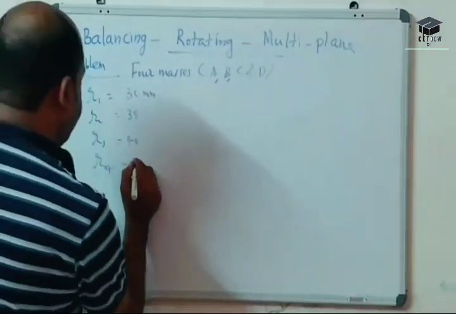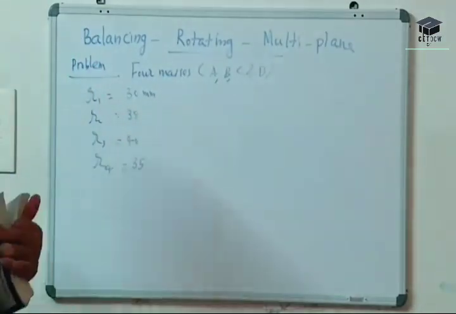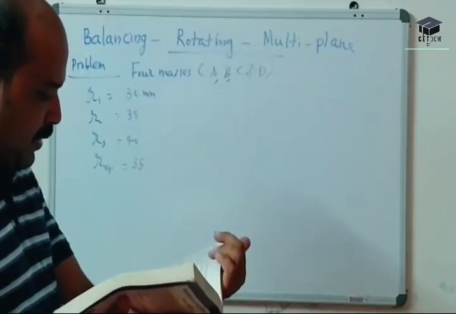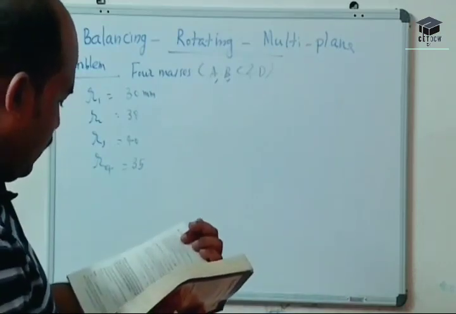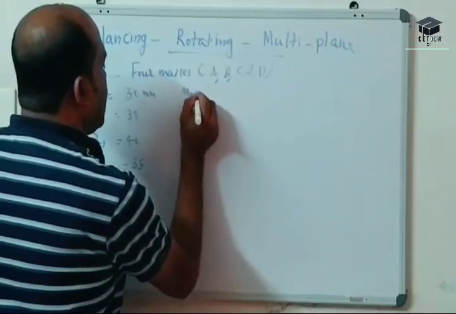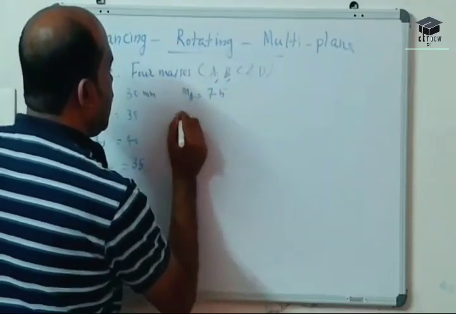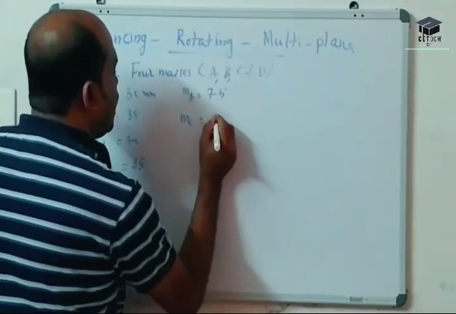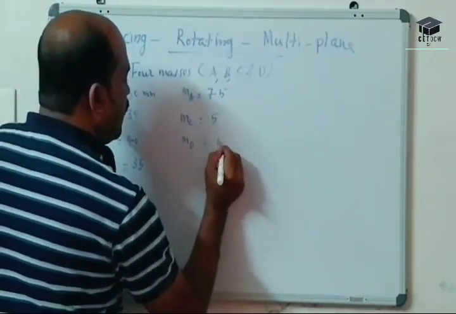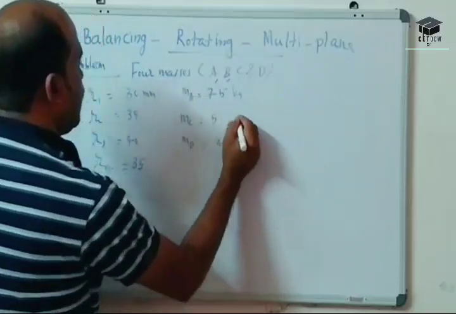These are the values for radii. The masses A, C, and D are 7.5, 5, and 4. So MA is 7.5, MC is 5, and MD is 4 kilogram. All are in kilogram.